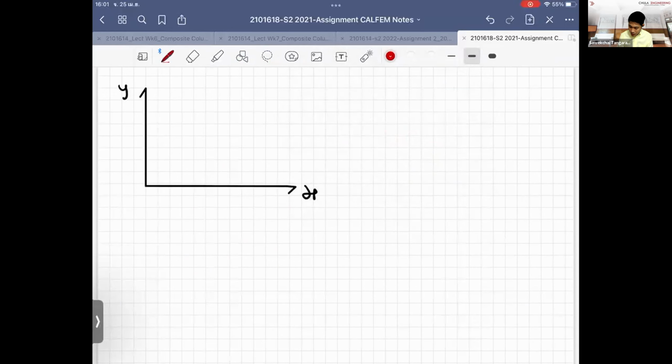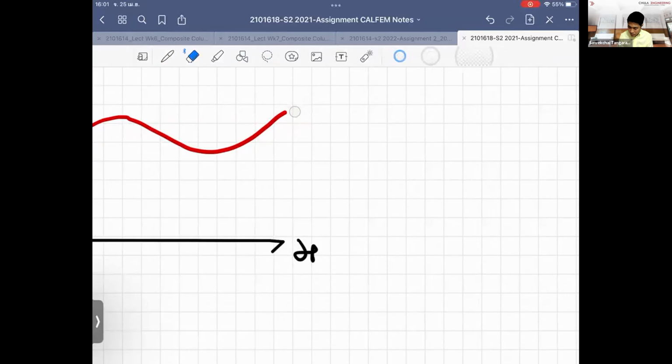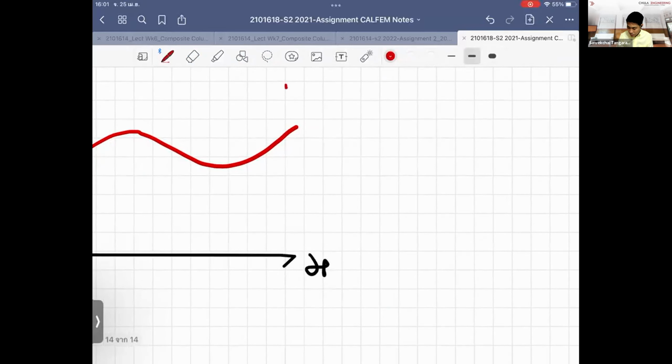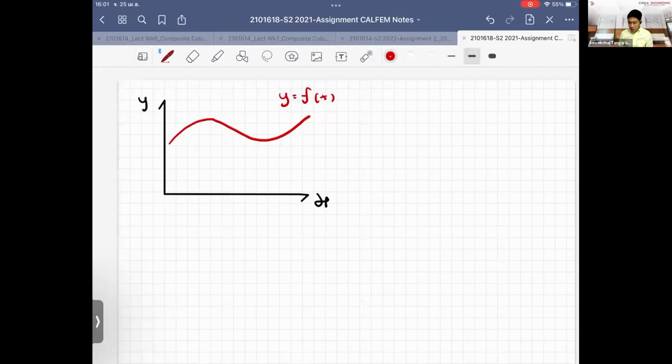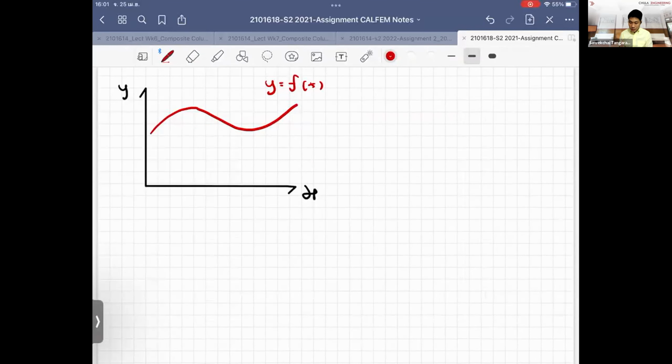I'm saying that I want to describe a nonlinear function, y in terms of x, so y is a function of x. This is the nonlinear curve in the plane.